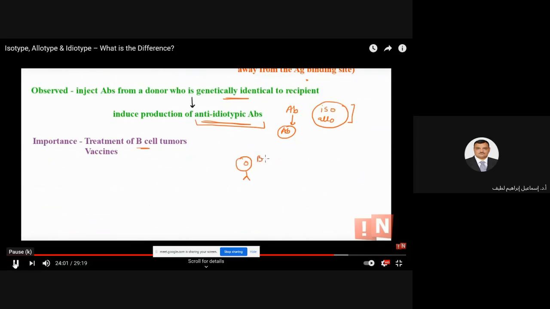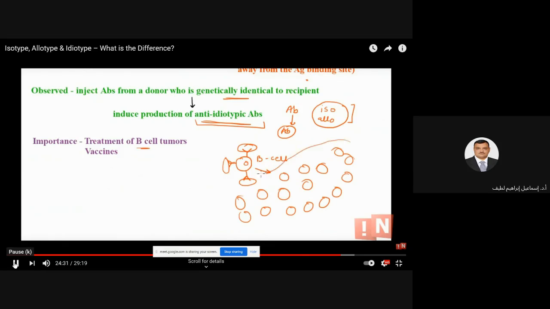Now we know any B cell, if it has become cancerous, is going to have specific antibodies on its surface, right? And if there is a cancerous B cell that has just gone crazy and is making lots and lots of clones, all of them are going to have this particular abnormal idiotype present on them, because they are the product of this particular clone, right?